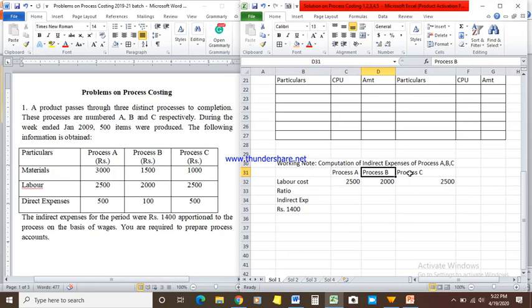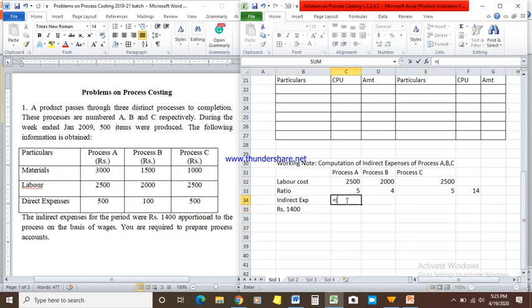Since there are three processes A, B, C, the labor cost of these three processes is mentioned as 2500, next is 2000 and 2500. Now if I find out the ratio of these labor costs, if I remove two zeros from each of these, I get 25, 20 and 25. Accordingly it comes to 5:4:5, and the total is 14. The indirect expense is given as 1400.